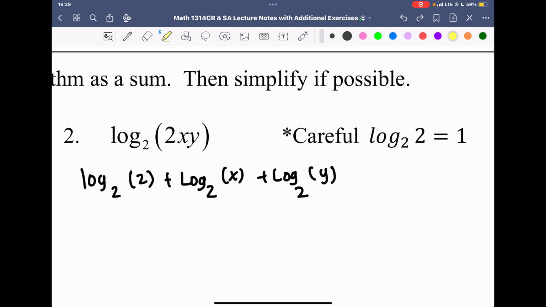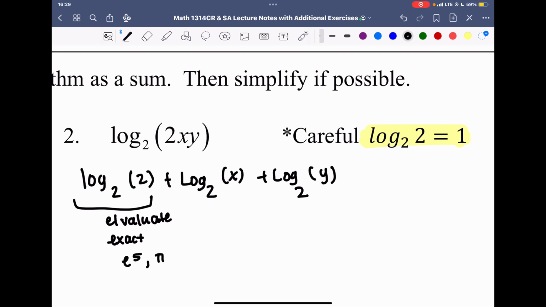On this one, it says log base 2 with argument 2 is equal to 1. So you're going to have to evaluate this. When you're evaluating, you want exact answers, like e to the 5th is exact, pi, 1, 7/9.